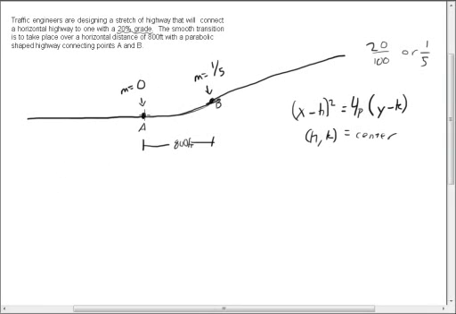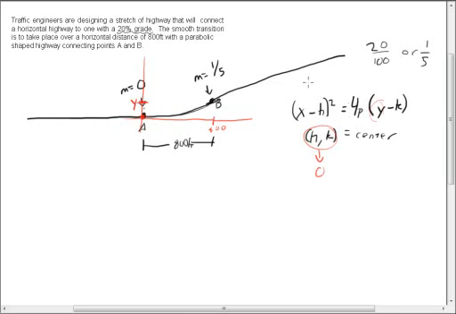So let's make a coordinate plane, and we'll have the origin here at A, and this, of course, is 800. We just need to find y, because we're going to have A at the origin, so h and k are 0.